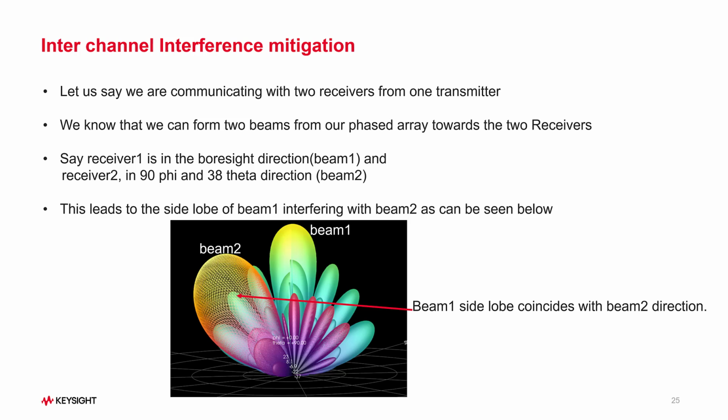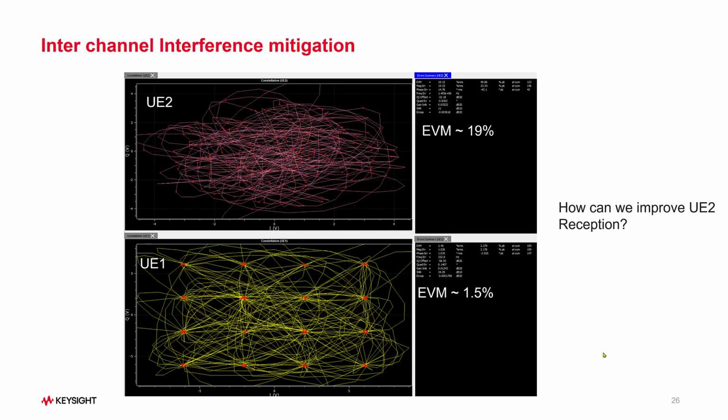This can potentially cripple the reception or the quality of the user 2. We can see that very easily here in this picture, where user 2 constellation is totally degraded. Obviously, we cannot recover any information on user 2.